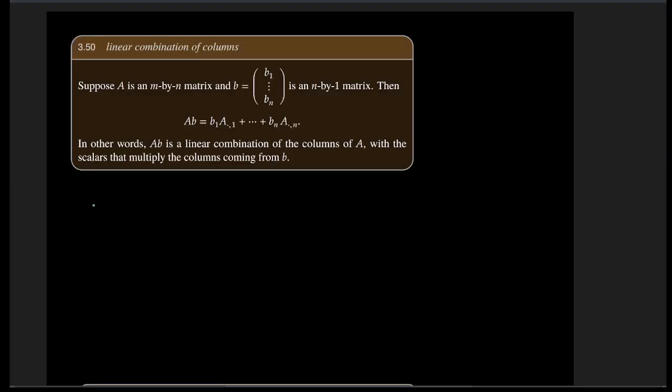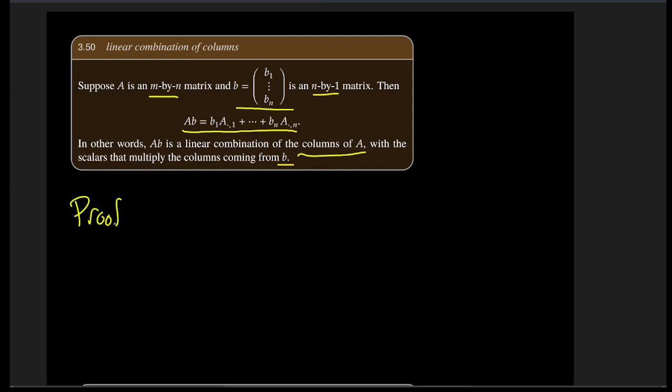All right. So we just learned that the kth column of AB is A times the kth column of B. So let's prove this. If A is an m by n matrix and b is just a column vector, an n by 1 matrix, then Ab is just b1 times the first column of A plus all the way down to bn times the nth column of A. That is, Ab is just a linear combination of the columns of A where the scalars are the entries in b.